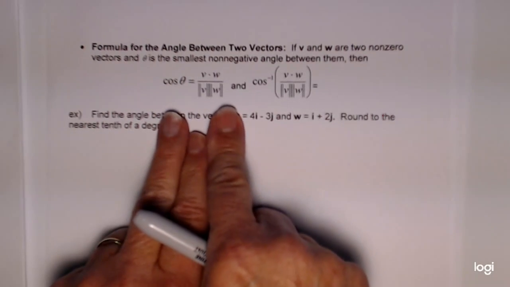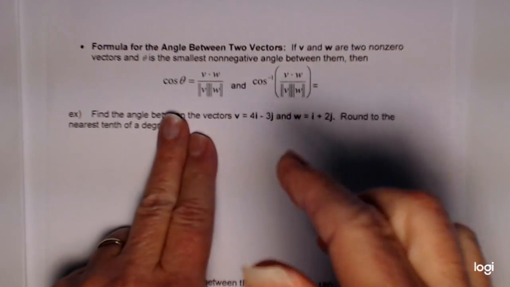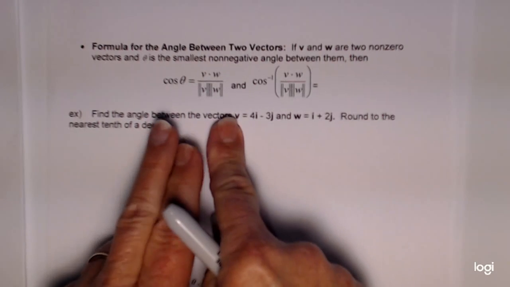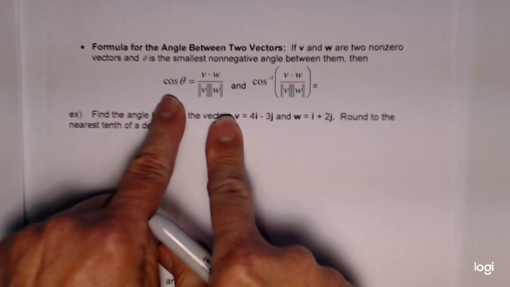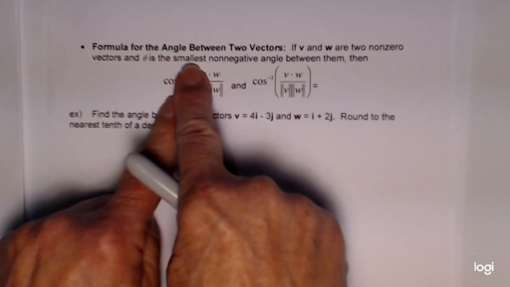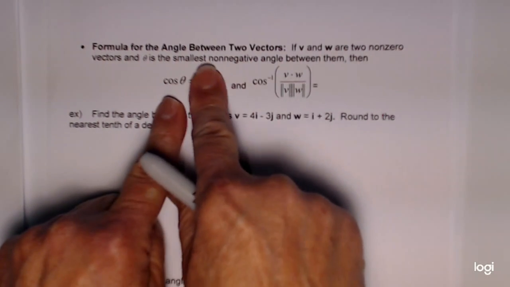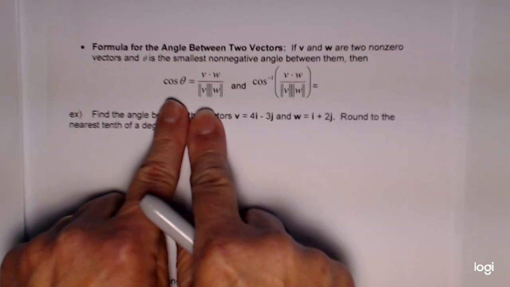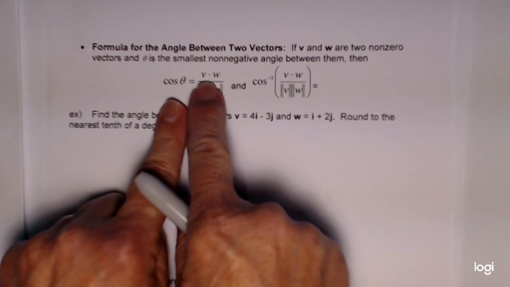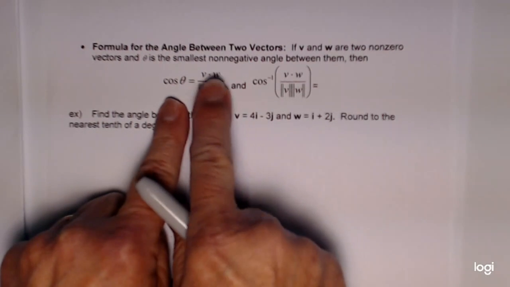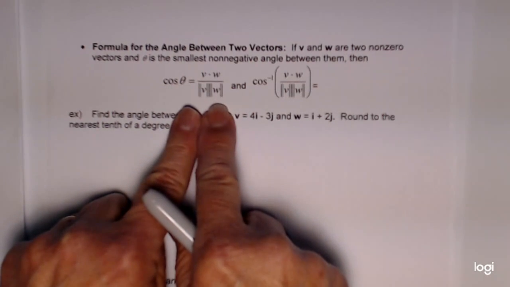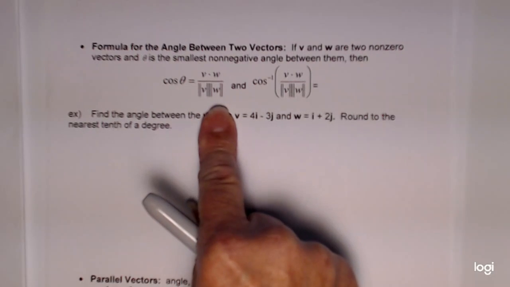So let's look at this first. This says that the cosine of the angle between, and again, the smallest non-negative angle between these, so we're going to be going in that counterclockwise direction, the cosine of the angle between two vectors is the dot product of those two vectors over their magnitudes being multiplied.